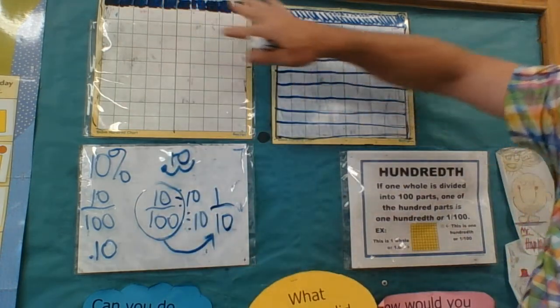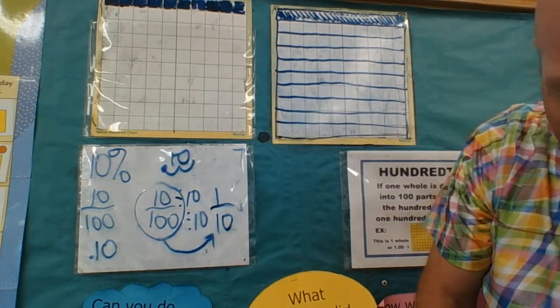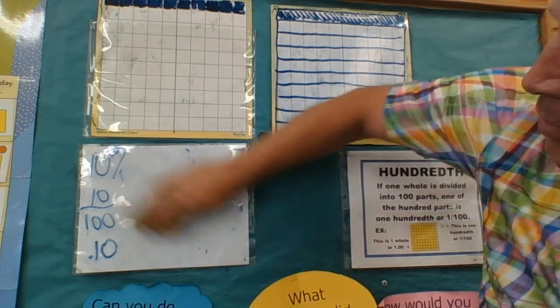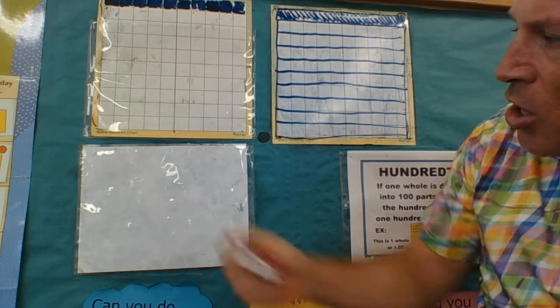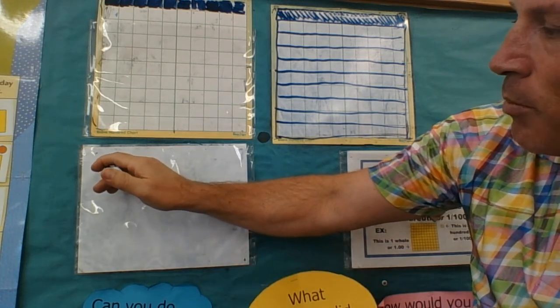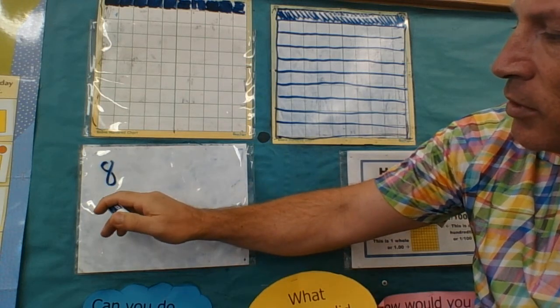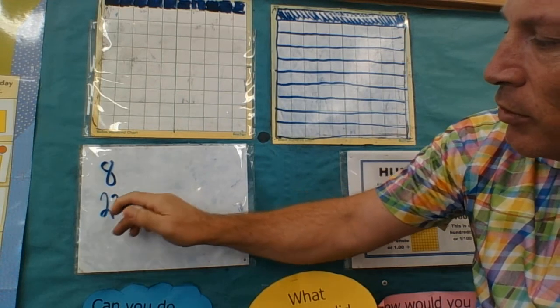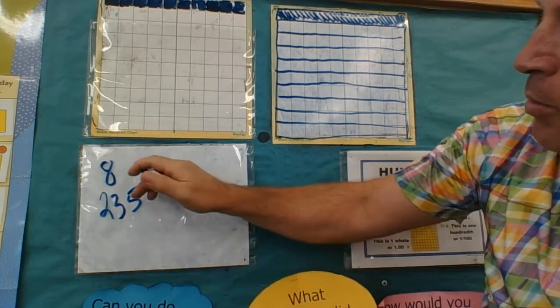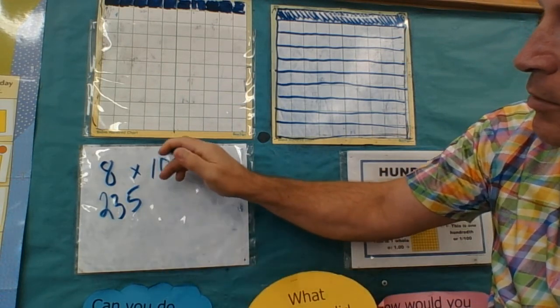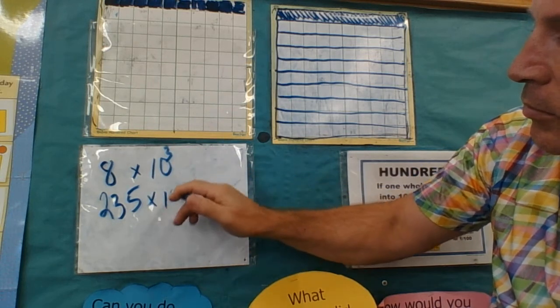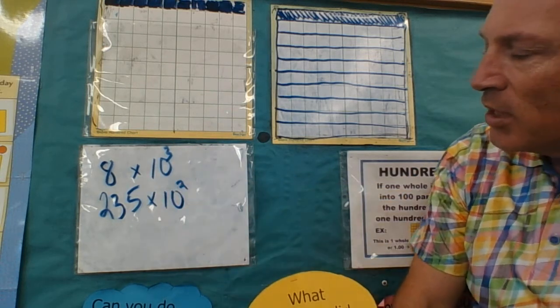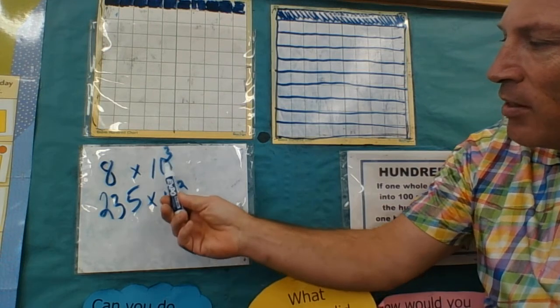Because when we do tenths, I'm going to share one other thing when we are dealing with tens. You all know that if we take any number, even in the single digits, and we multiply it by powers of 10, we've gone over this in class, the power of 10 tells how many zeros.